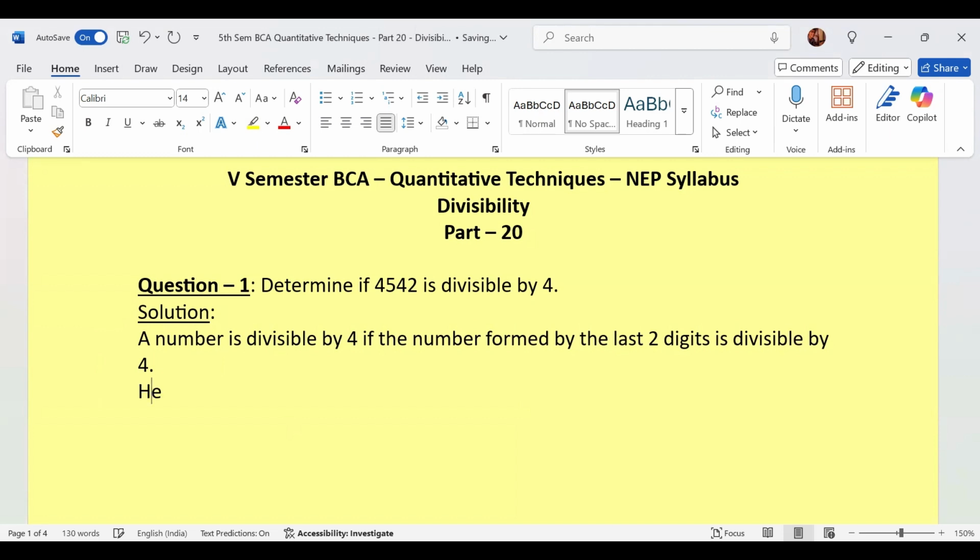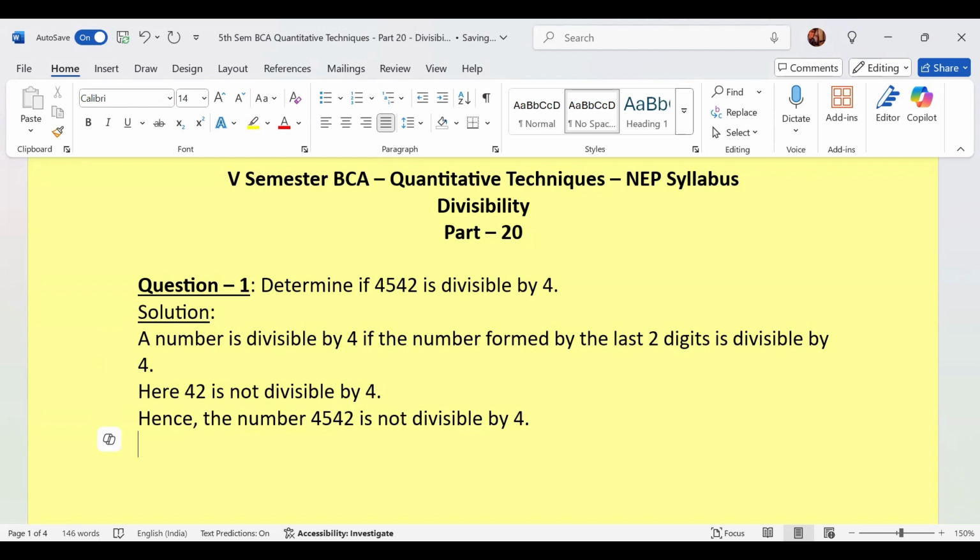So in this case here 42, the last two digits, is not divisible by 4. Hence the number 4542 is not divisible by 4. That will be the solution for this. Let us move on to the next one.